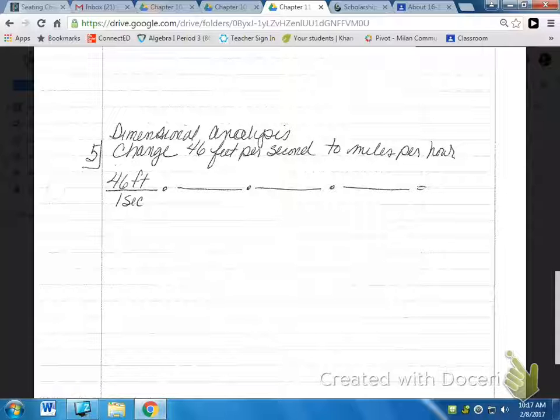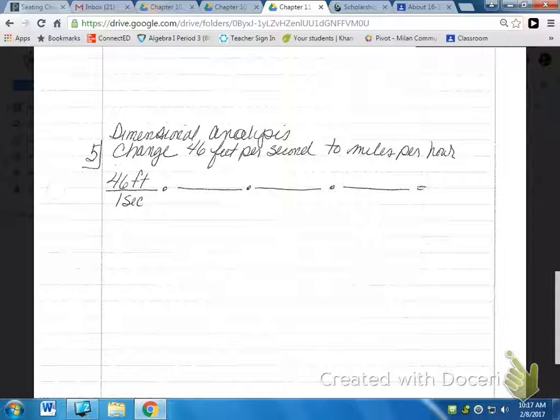So what you have to know is all of those conversions between feet and miles and seconds and hours, and those are just kind of common knowledge things that you would be expected to know. But this is kind of how you do it. You think of the idea of how things cancel from top to bottom, what we were just doing, okay? How we cancel things from top to bottom.